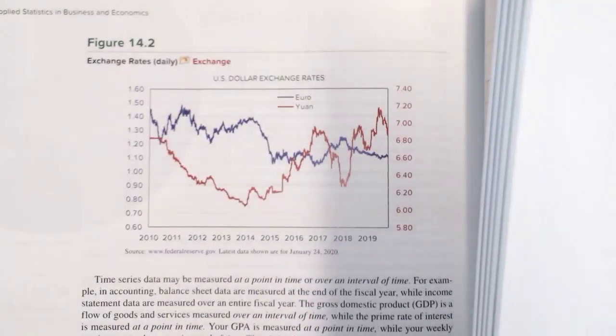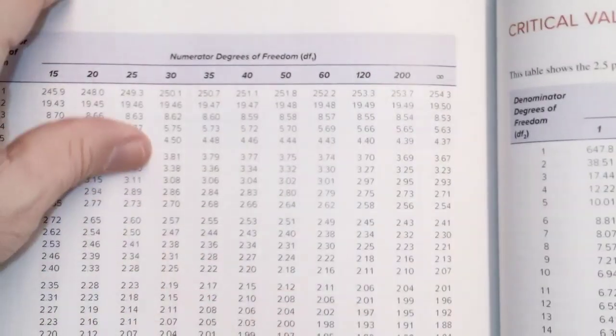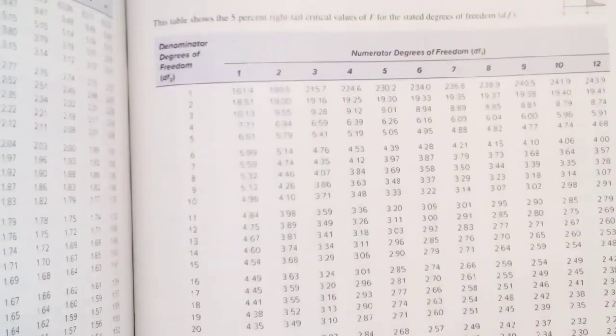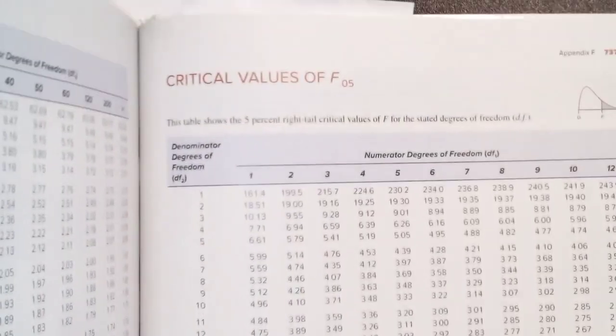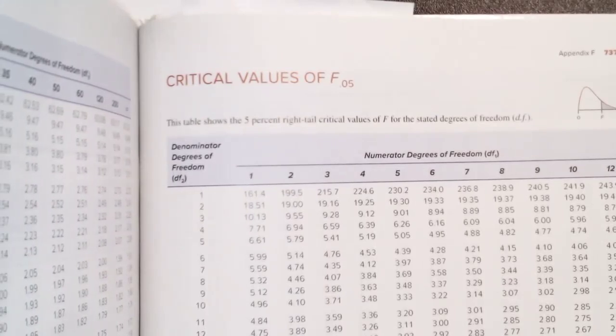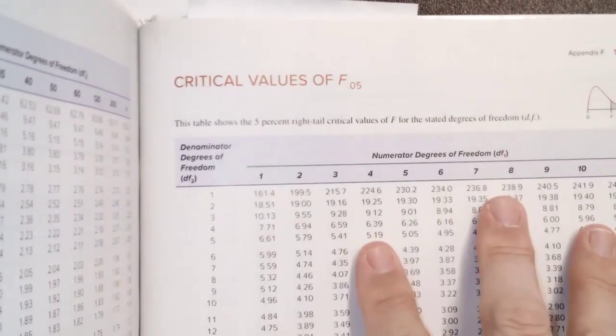Way back here, my F table, Appendix F. 0.05. So if I'm doing a left test or a right test, I'm going to need to use this.